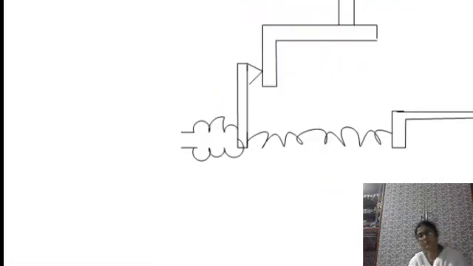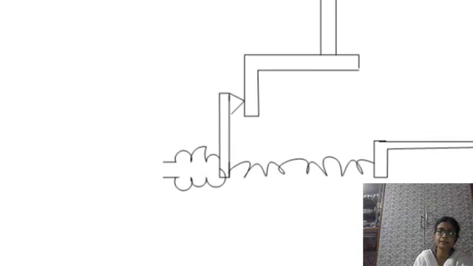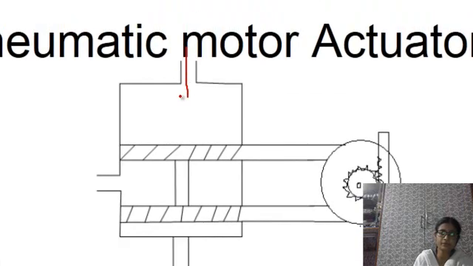This is the pneumatic motor actuator. A similar type of piston arrangement for the input signal path. Here is the controller output, and this is the constant input supply.